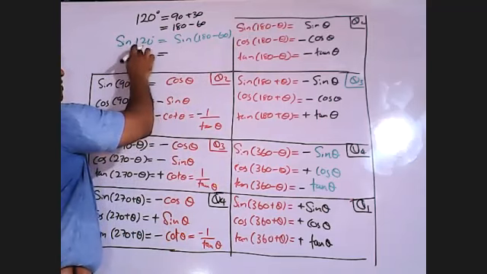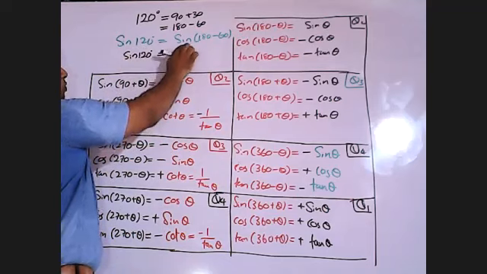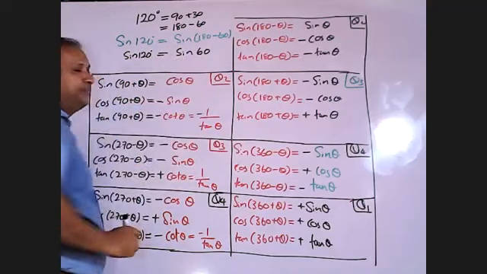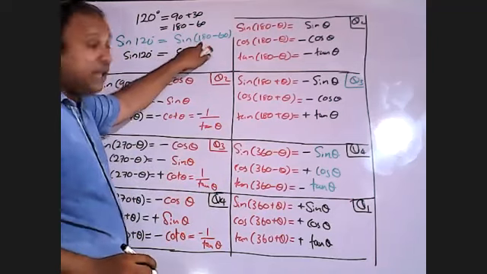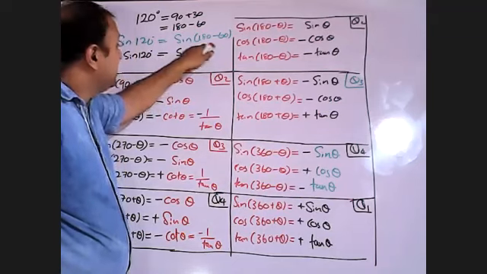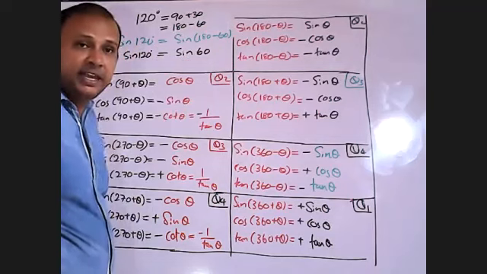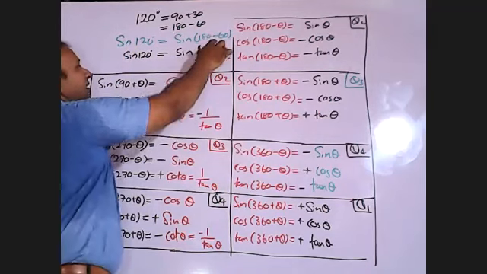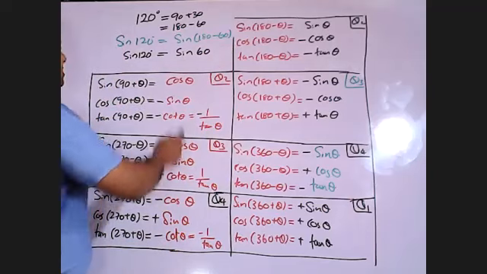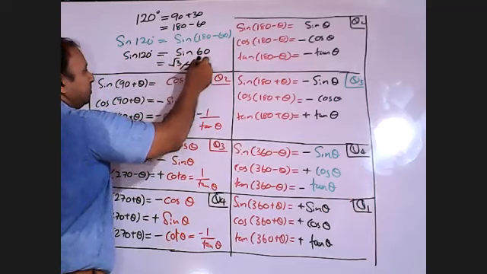Therefore, sine 120 should be equal to sine 60, because if it is going with 180, the sine value won't be changed. It remains as sine. Sine 60 means root 3 over 2.